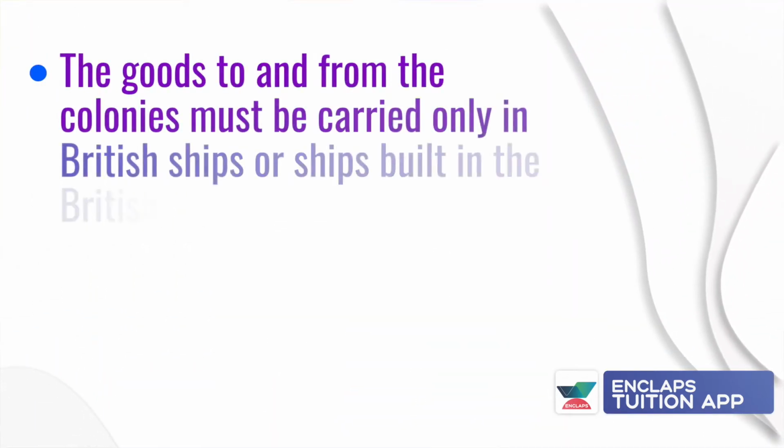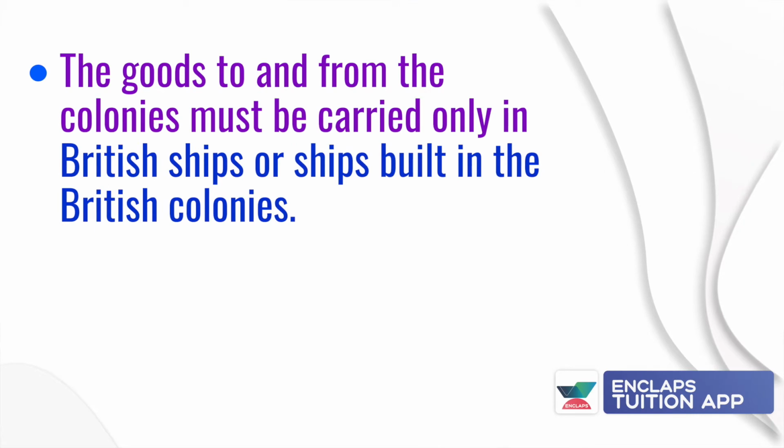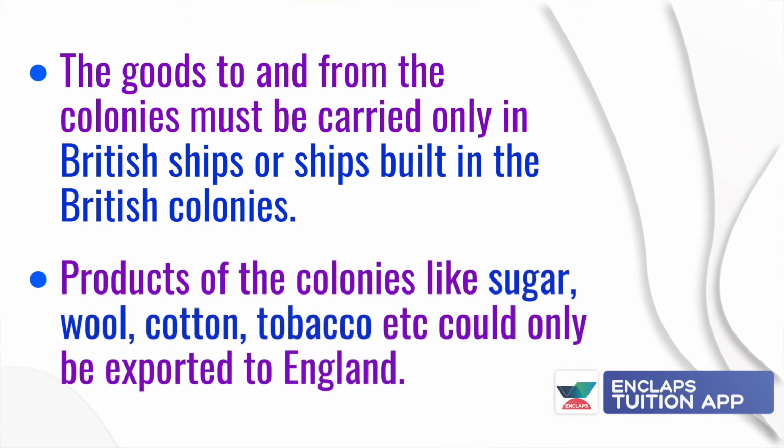The goods to and from the colonies must be carried only in British ships or ships built in the British colonies. Products of the colonies like sugar, wool, cotton, tobacco, etc. could only be exported to England.